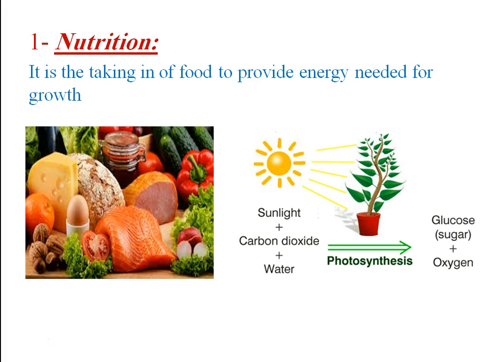So this is a type of nutrition which we call autotrophic. So green plants do autotrophic nutrition while other animals or humans do what we call heterotrophic nutrition. That means we have to eat ready-made food, digest it, and use it up.